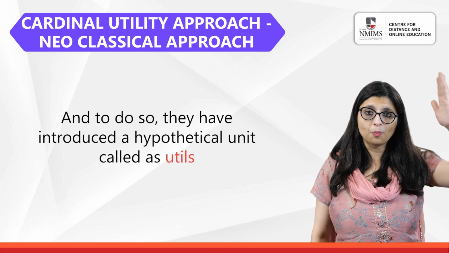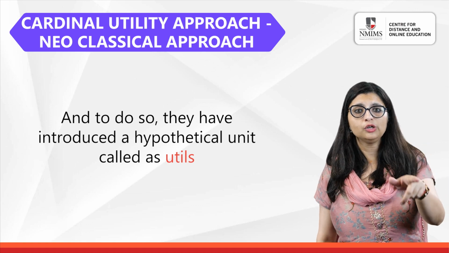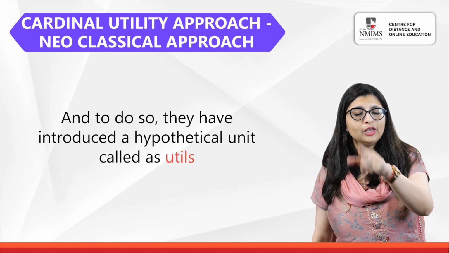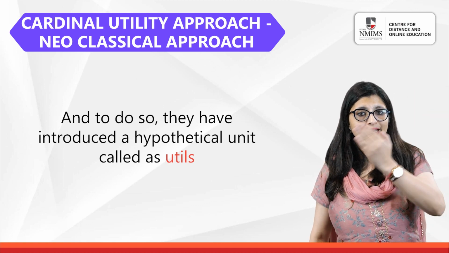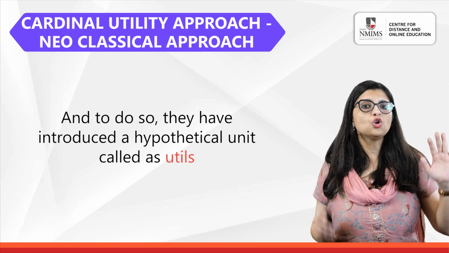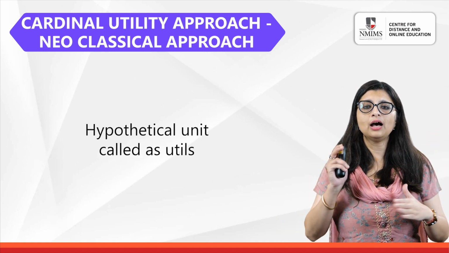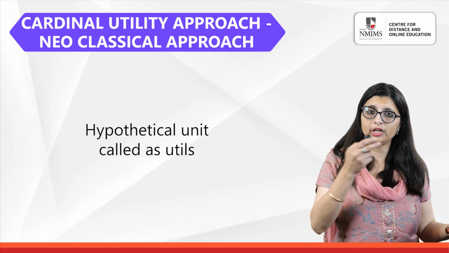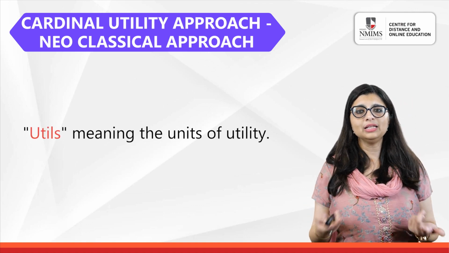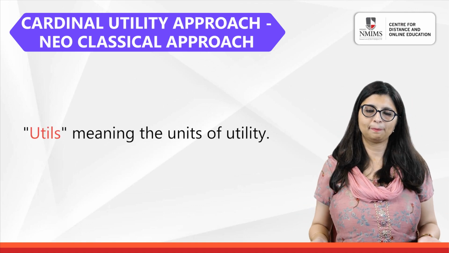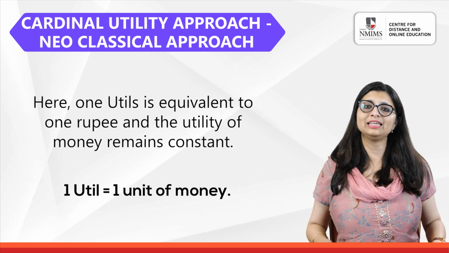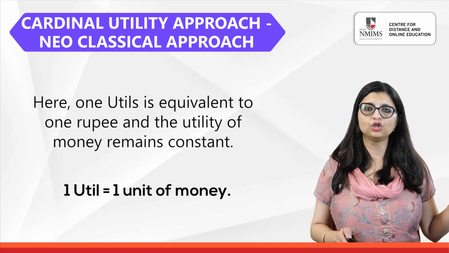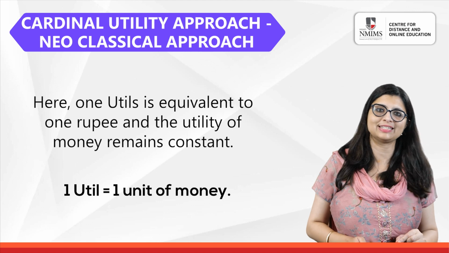If I take you back, you would remember I told you that in the coming slides we'll be talking about utils, and here we'll discuss it. So, basically it is a hypothetical unit that has been introduced to measure utility. Here 1 util is equivalent to 1 rupee and the utility of money remains constant.